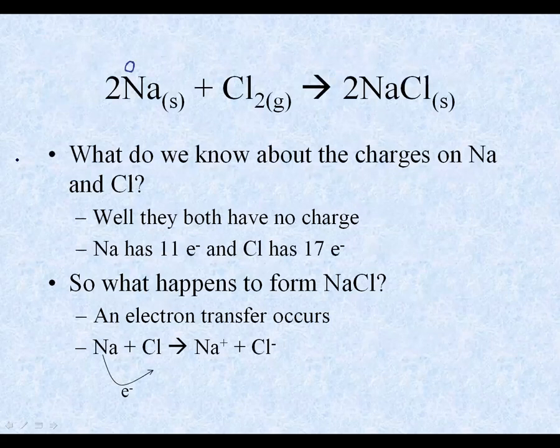So if you take any of those metals off the periodic table, they're uncombined, they're by themselves, they will have no charge. If you look at something like Cl2, that is naturally how chlorine comes, as a diatomic molecule. It also has no charge associated with it. These two things really don't get charges until they come on the other side and actually come together.